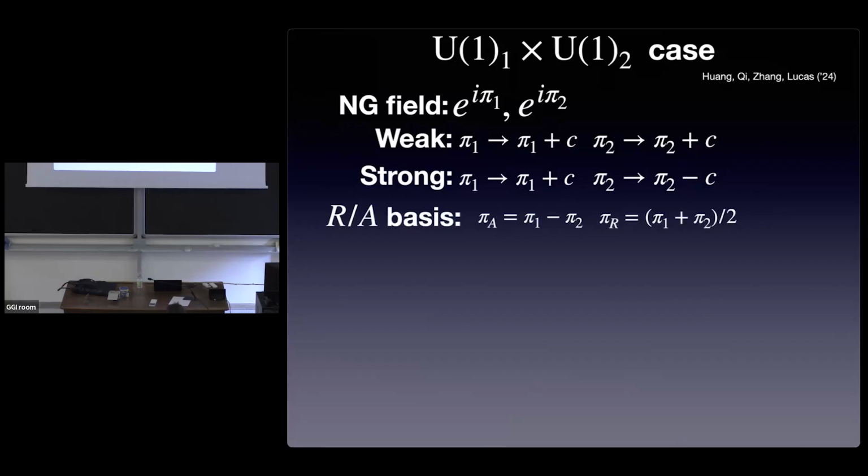And another weak symmetry is just a shift symmetry for this one. The strong symmetry corresponds to the opposite shift, the U(1) rotation. In the so-called RA basis, the basis for the different combinations of 1 and 2, we have the A degree of freedom and the R degree of freedom. Under the weak transformation, pi A is invariant, obviously, and pi R is not invariant, but pi R is invariant under the strong symmetry. So this is a combination.